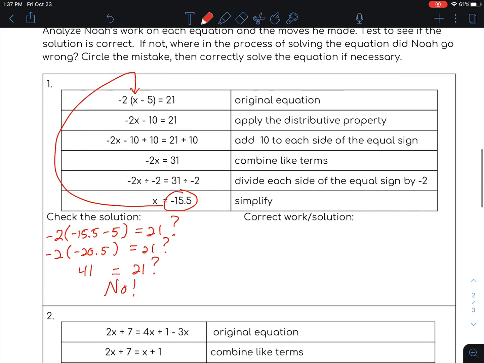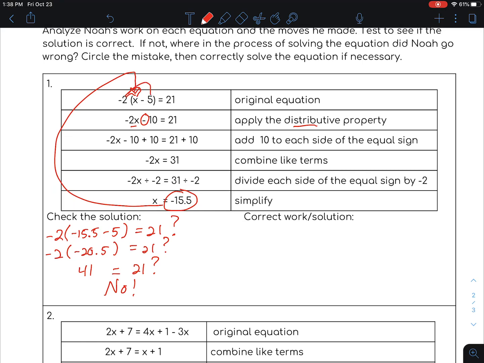So let's go back up and see if we can figure out where the mistake was made here. All right, so the first step when you're solving this, looks like they did the distributive property. So let's check that out. Distributive property, negative 2 times x would be negative 2x, and negative 2 times negative 5. Oh, wait, there's the mistake, right?